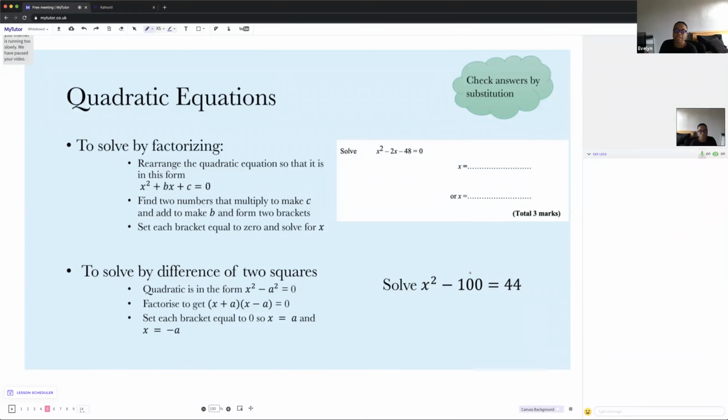Now, to solve by difference of two squares, you should have an x squared minus a square number equals 0. Remember, always with quadratic equations, you set the equation equal to 0 first, and then you factorize it, set each of the brackets equal to 0, and then you solve for x. So have a go at the first one, and once you've done the first one, have another go at the second.